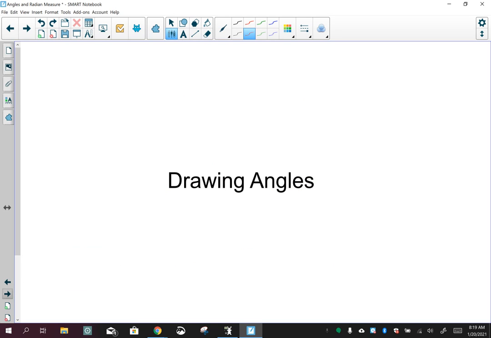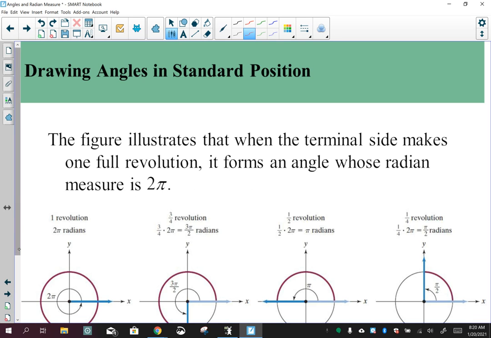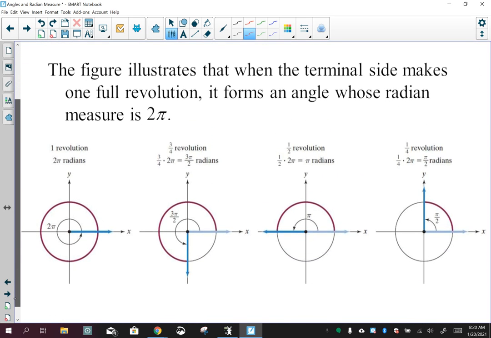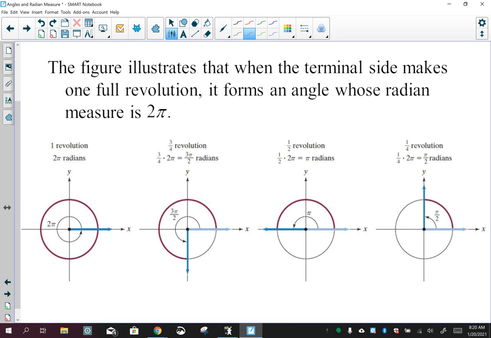All right. So now let's talk about drawing these angles. When you draw the angles, you're again going to start on the x-axis, and then you're going to open either clockwise or counterclockwise, depending on if you're going to go with a negative or a positive angle. Sometimes we talk about revolutions.